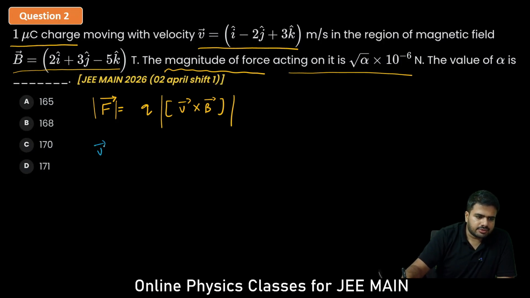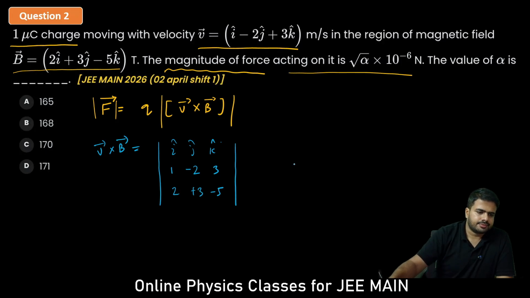So let's find V cross B first. Write down i cap, j cap, k cap, and we have 1, minus 2, 3, and here we have 2, 3, minus 5.